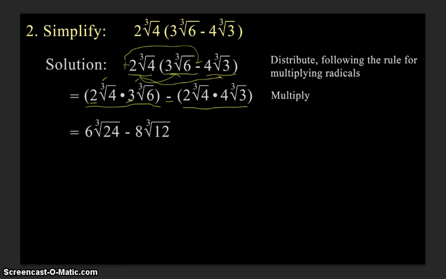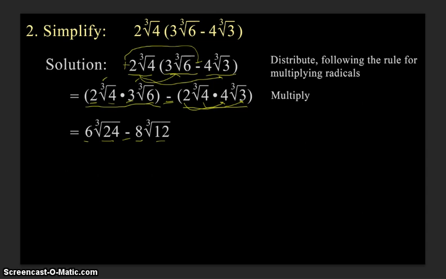So 2 times 3, 6. And then yung radicand na 4 and 6, we have 24. Then the minus sign. And then yung 2 times 4, 8. And then yung radicand na 4 and 3, multiply din natin yan. We have 12.